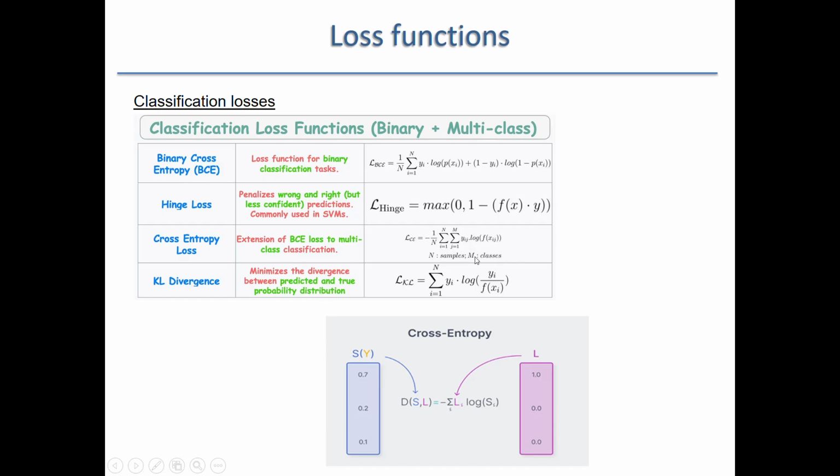Then we have other possibilities, like these hinge losses. So these hinge losses somehow penalize the wrong and the right but less confident predictions.